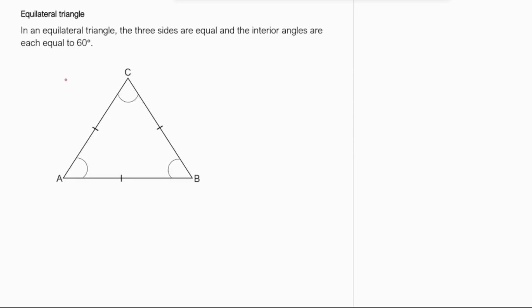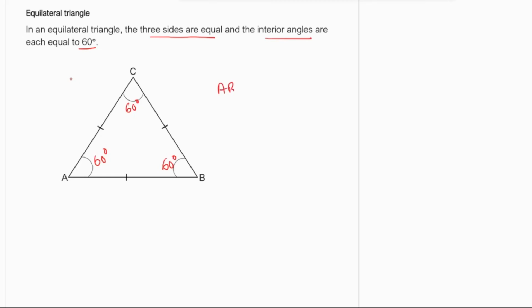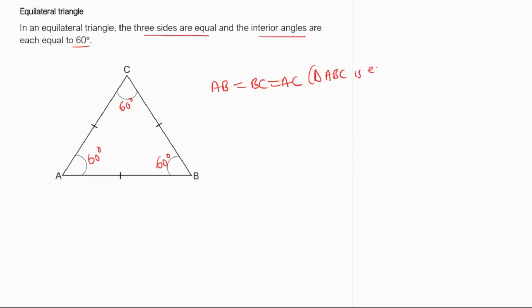In an equilateral triangle, the three sides are equal and the interior angles are each equal to 60 degrees. So meaning that this is 60 degrees, this is 60 degrees, this is 60 degrees. So for triangle ABC, you can say AB is equal to BC is equal to AC, since triangle ABC is equilateral.